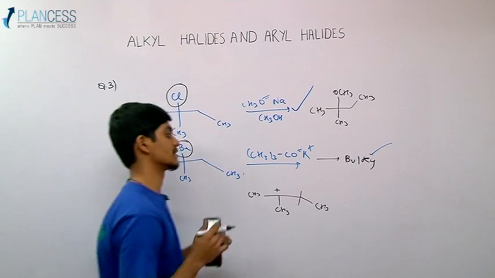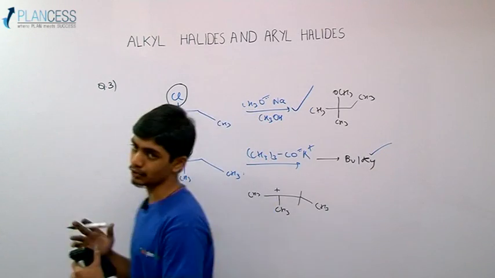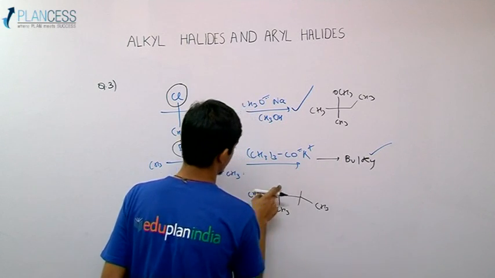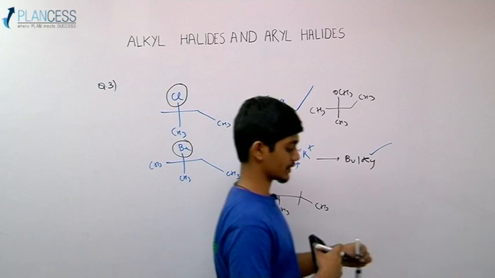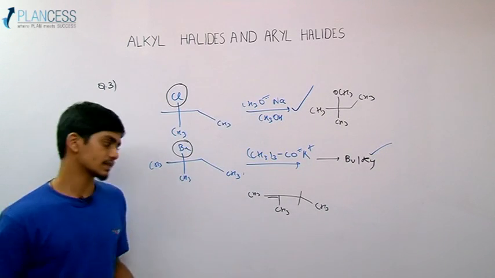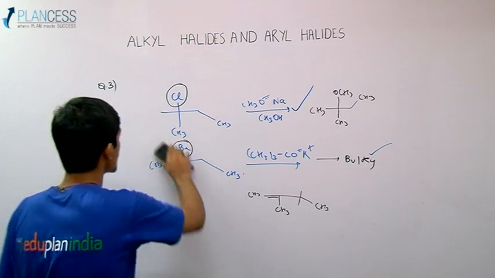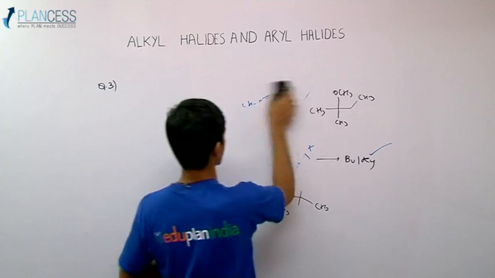But since it is a bulky base, it won't go towards the stable alkene. It will go towards the Hofmann product, which is this. Fine. A very simple E2 reaction or E1 reaction in which we get a carbocation, and then because of the bulky base, the major product is the Hofmann product. Fine. This is the end of this question. Let us move on to the next question.